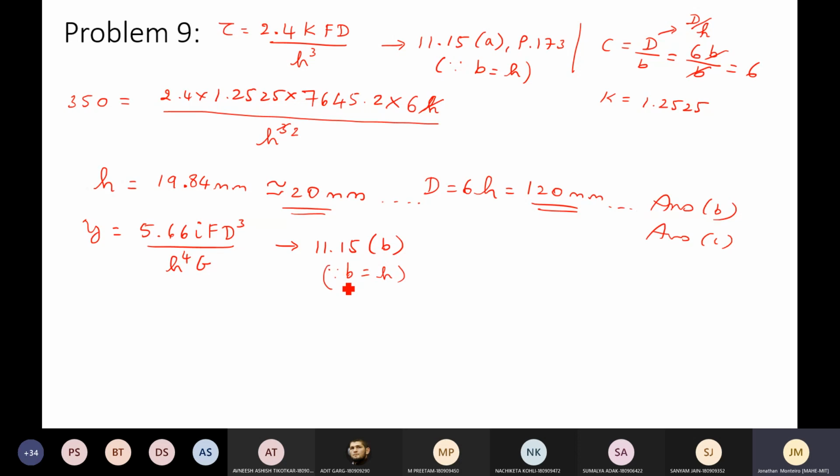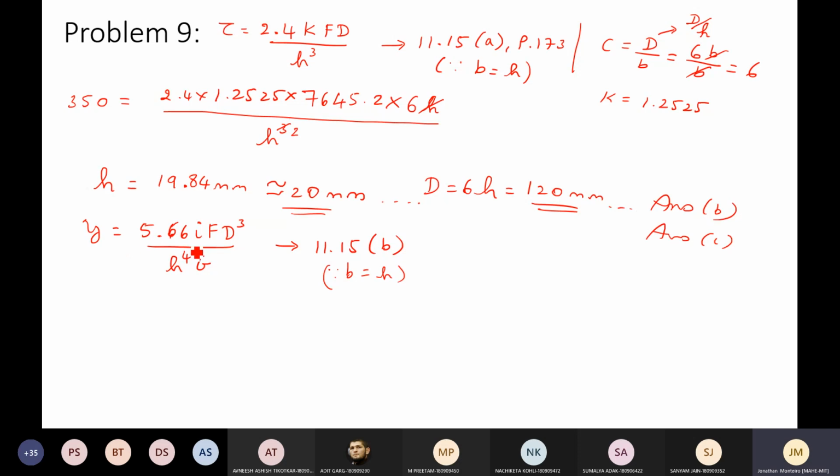Not for a rectangle. Remember, this is only for square. For a rectangle, the formula will change. Or I can say it has come from the rectangle but has been adjusted to suit B equal to H, so further simplified.